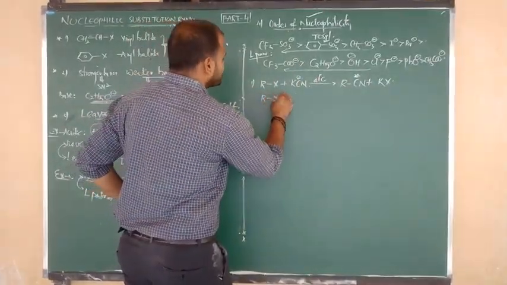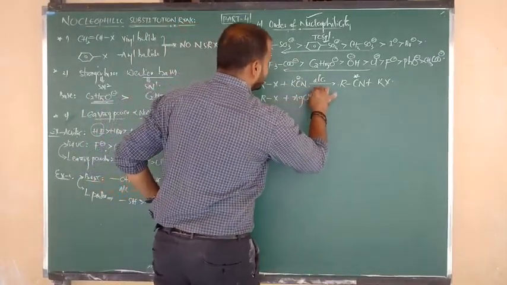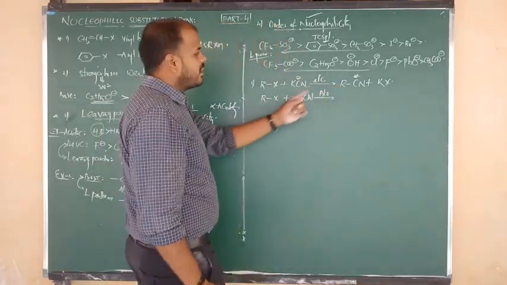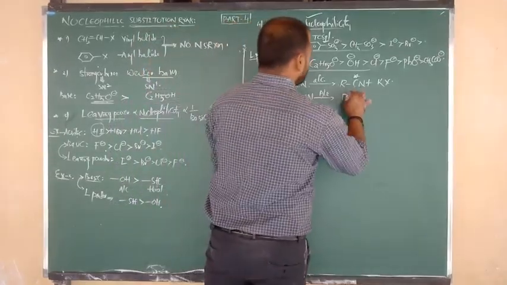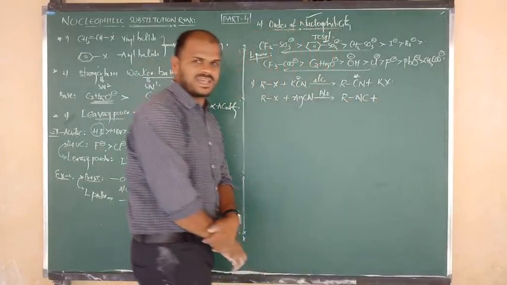Good. Next one is alkyl halides on reaction with alcoholic AgCN. Again the same thing, alcoholic AgCN. In presence of alcoholic AgCN, alkyl halides change into the major product, alkyl isocyanide.